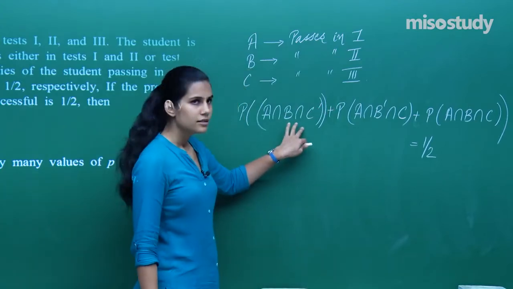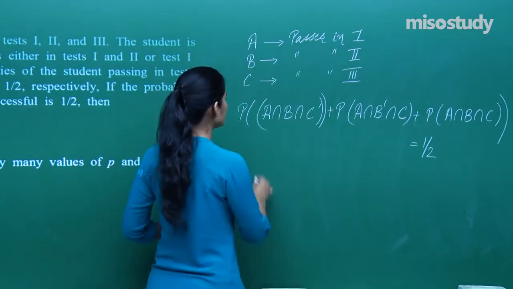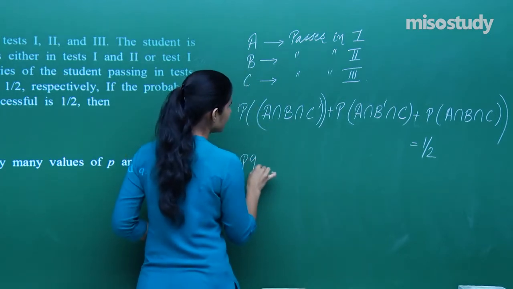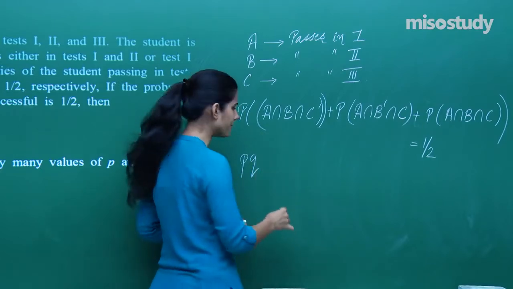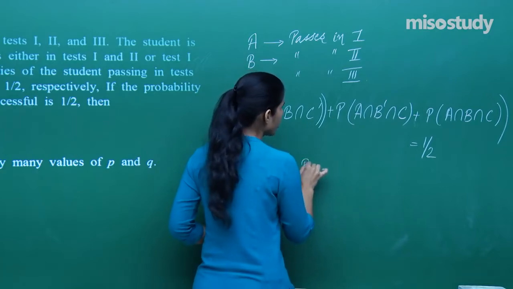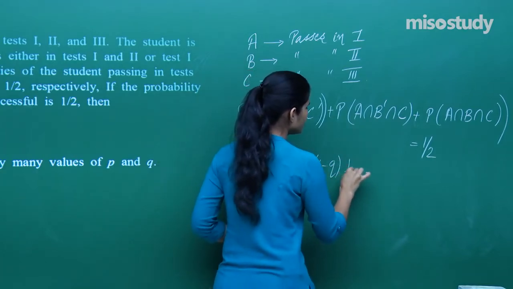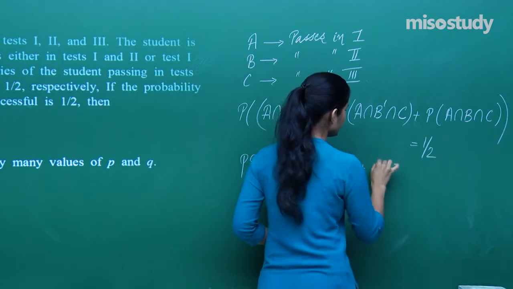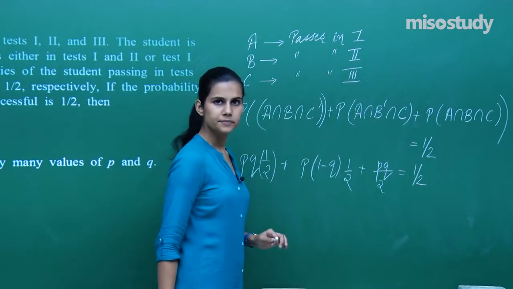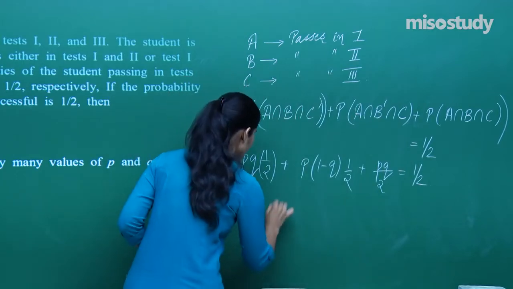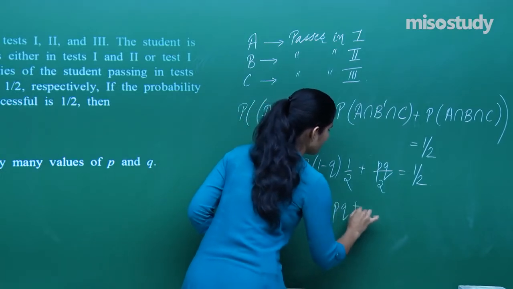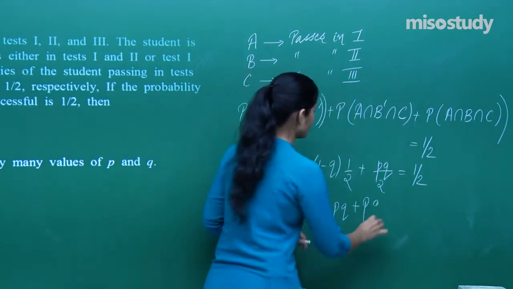Now these are again independent events. This is probability of A into probability of B into probability of C'. Probability of A is this, probability of B is this, probability of C' is 1 minus 1 by 2, which is 1 by 2, plus probability of A, probability of B, probability of C, plus probability of A, probability of B, probability of C. This is what you are given. 1 by 2, if you take out common, you have PQ plus P minus PQ plus PQ.